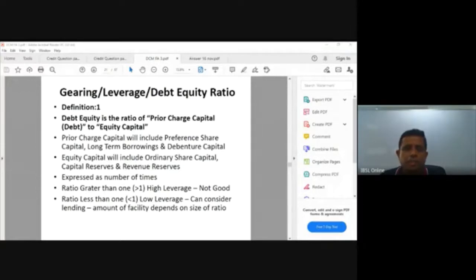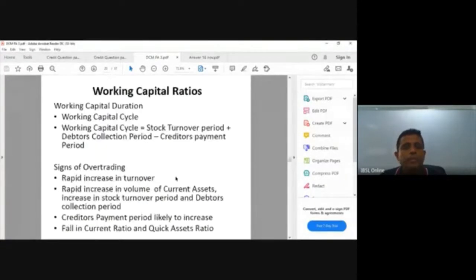Overtrading again, can you explain overtrading? Overtrading means a situation where you have a rapid increase in sales.